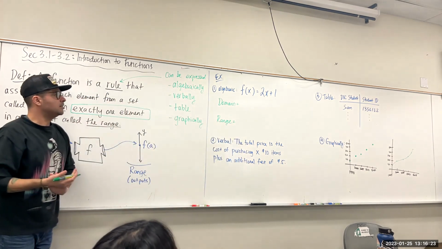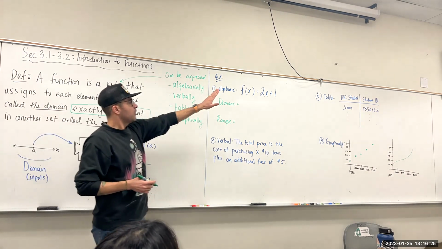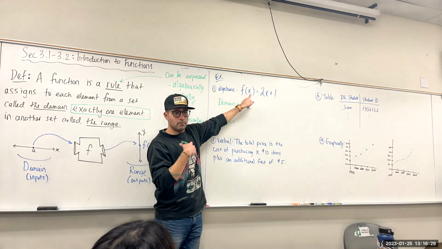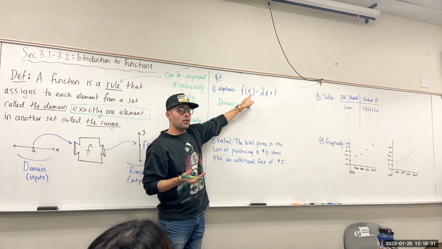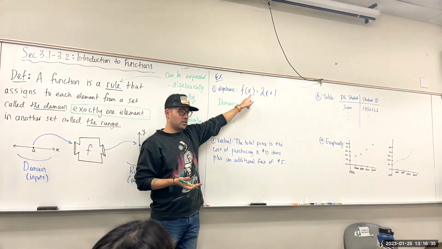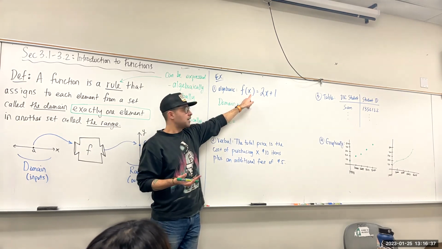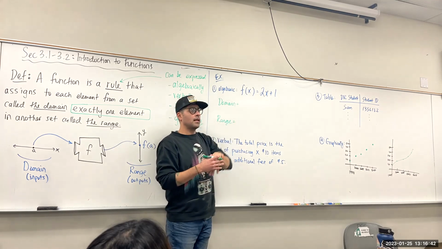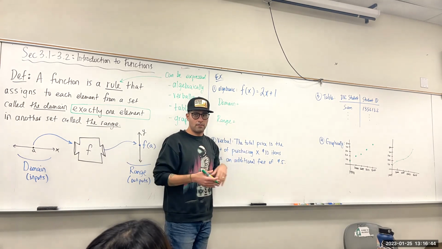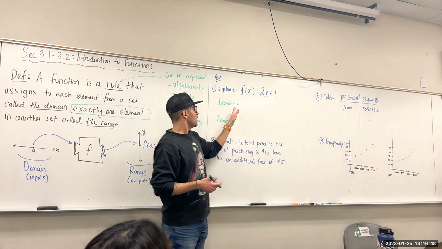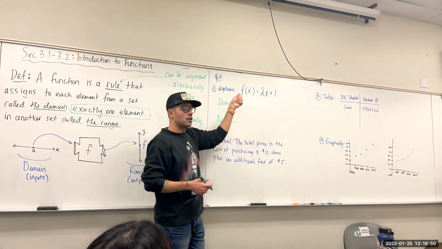For this function, the x were the numbers that you were telling me, right? You were only giving me whole numbers. Could you have also given me negative numbers? You could have also given me negative numbers. I would have doubled them and added 1. Could you have given me decimal values like 2.5 and pi? Yes. So what's the smallest number that you can give me?